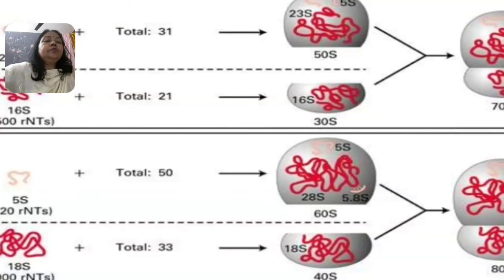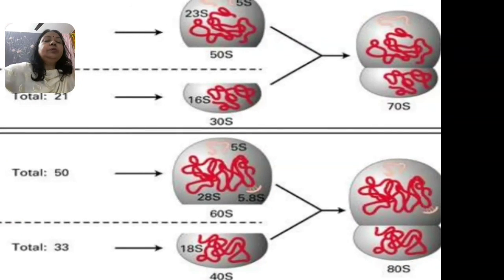It forms the 60S and 40S subunits, and when they combine together, it is about 80S. So in prokaryotes, the ribosome is 70S, and in eukaryotes it is about 80S.